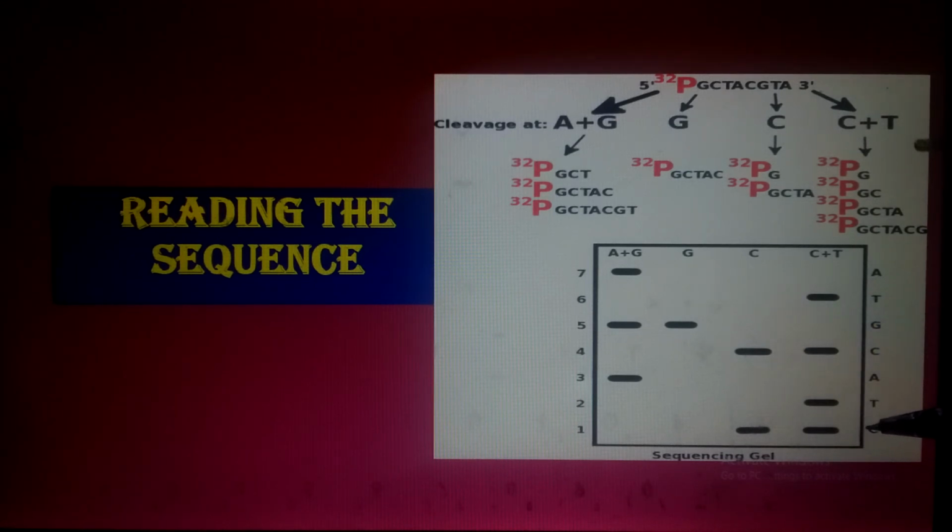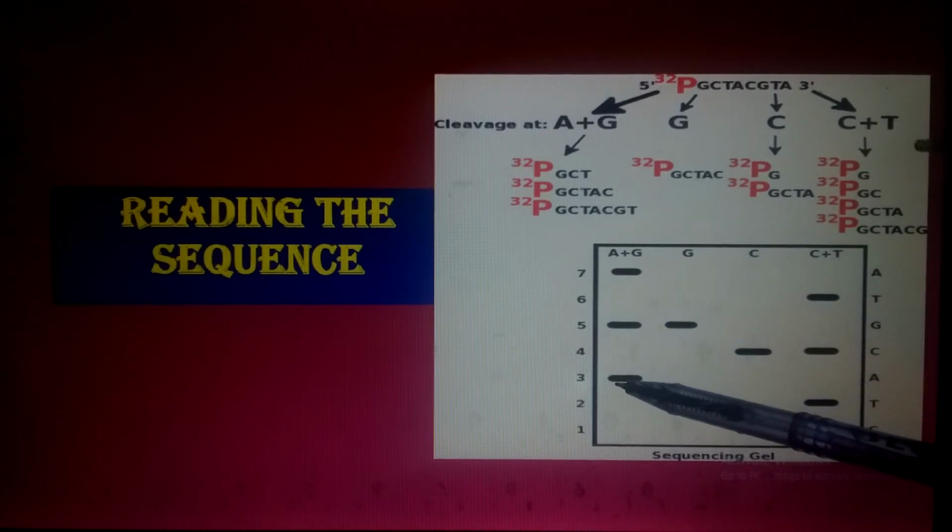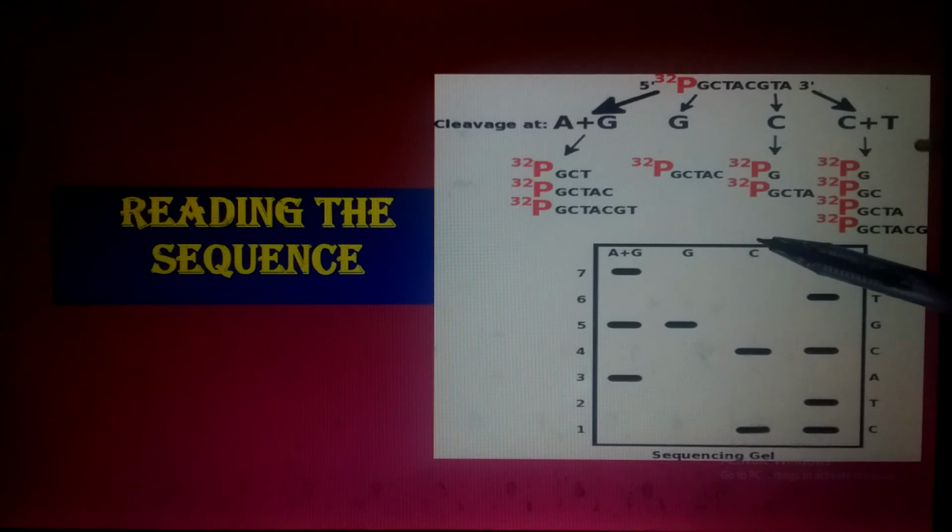Now you can easily know C, T, A, C, G, T, A, and you can also read from this figure which fragment is the smaller one. G is the smallest fragment, then the next fragment GC, you can see in the C plus T reaction, and the third one is GCT. 1, 2 base pair is here, 3 base pair is here, 4 base pair is here, like that. Very simple. Is it clear to all of you?